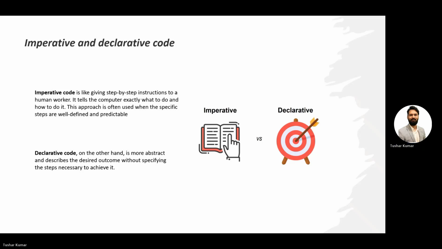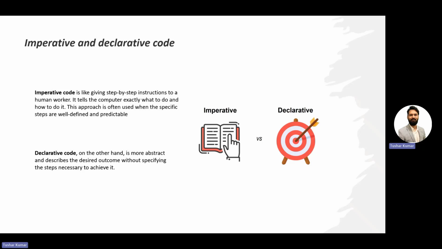Declarative is just saying, I want to build a house, and the house is built. You are telling what is the desired outcome that you want instead of telling the step-by-step instructions.